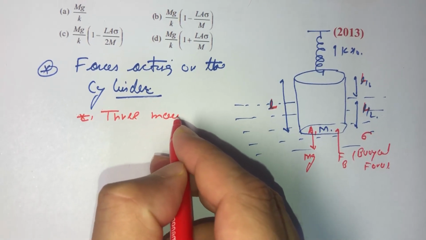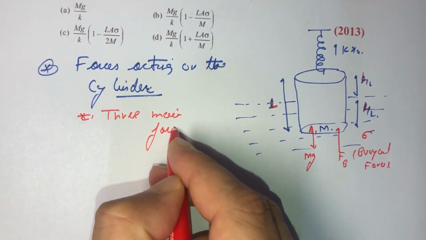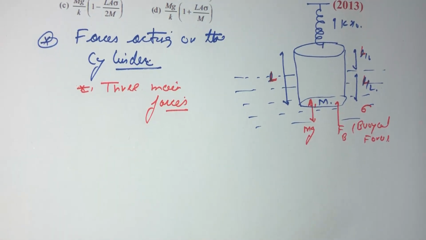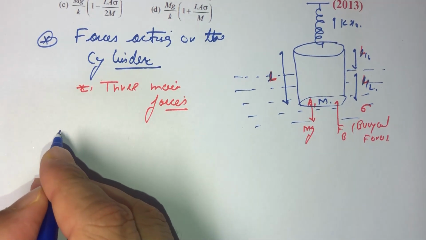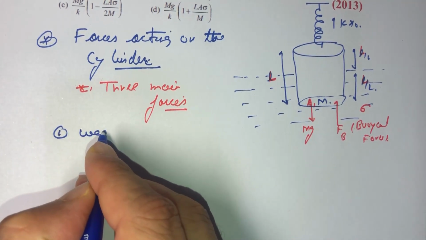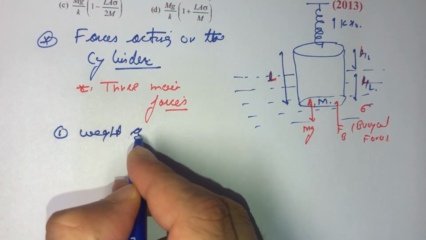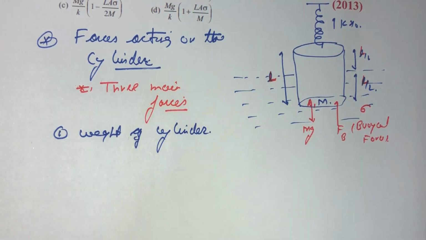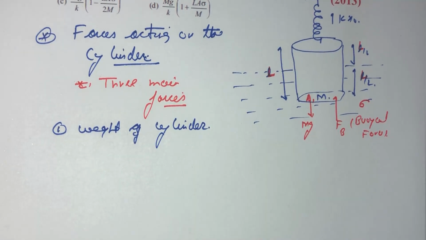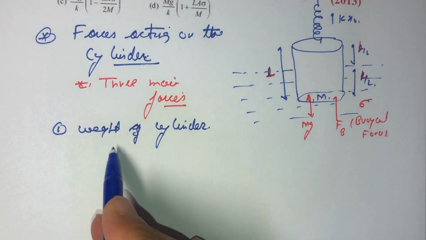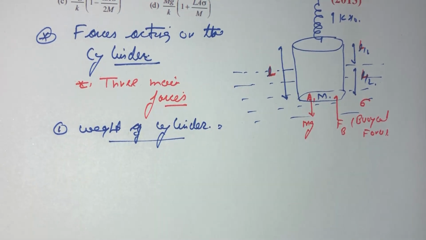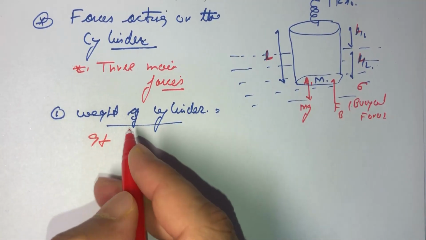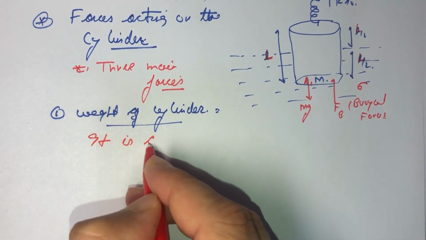First will be the weight of the cylinder, and it will be a downward force due to gravity.